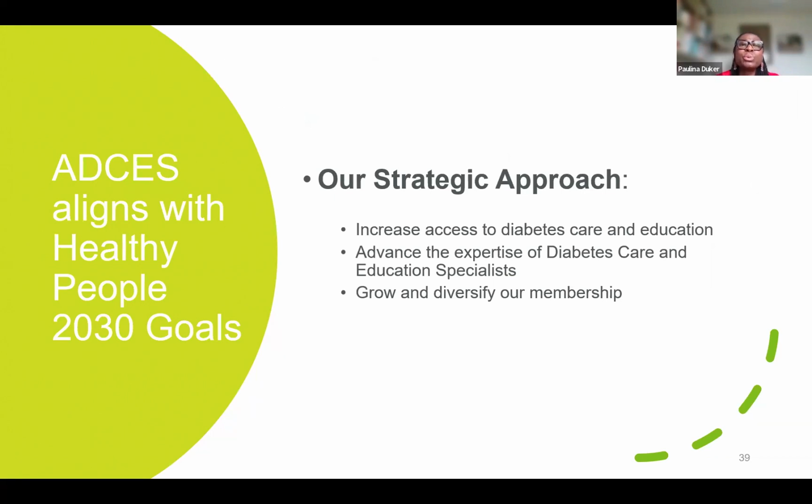So the strategic approach we take is increasing access to diabetes care and education, what we might call formal education. And why this is important is because if you look at the other objectives of the Healthy People 2030, whether it's improving communications with the healthcare provider or taking insulin for patients who take insulin, monitoring their blood glucoses, all of this will happen for the person with diabetes if they have the opportunity to attend a formal education program.